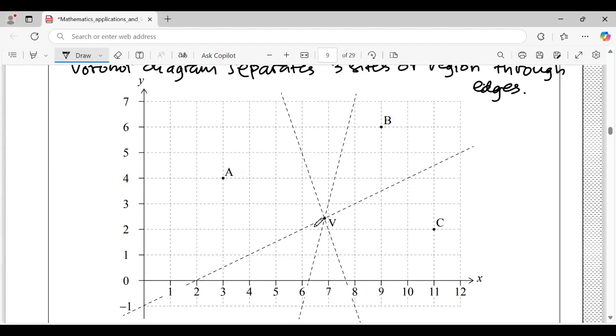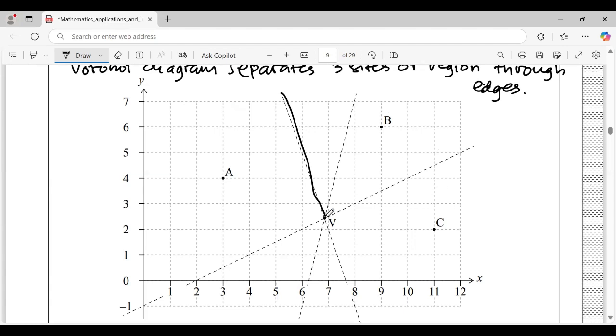If this line, impossible, because B will be closer than A. So it means between A and B, it's supposed to be this line. Okay. That's between A and B. How about B and C?